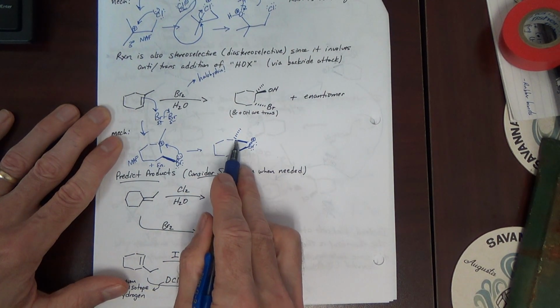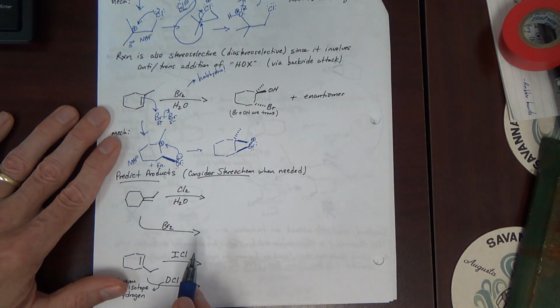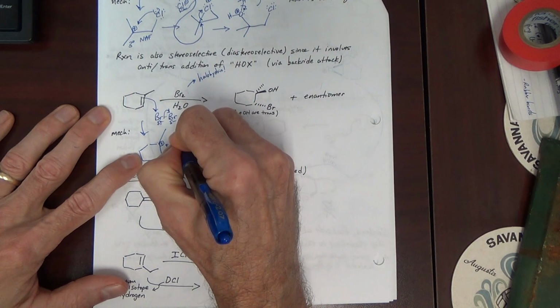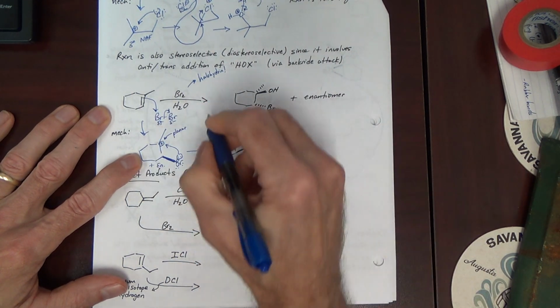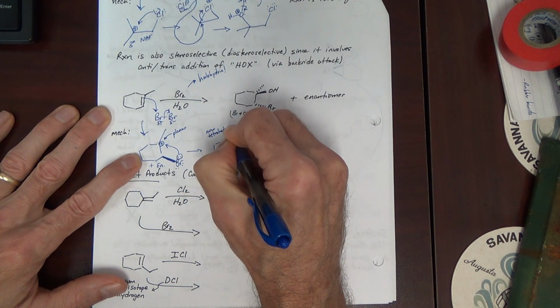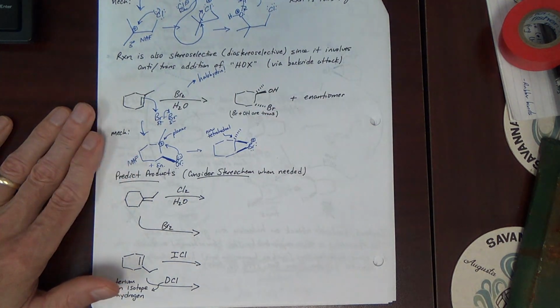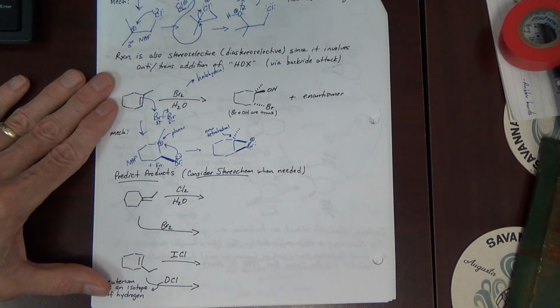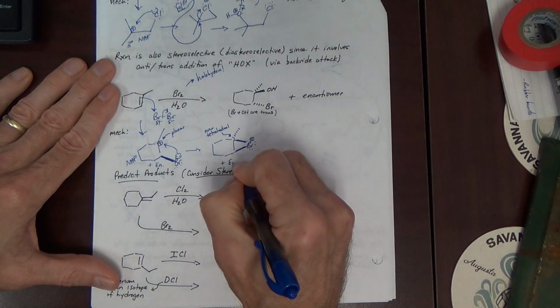Two in the plane, one forward, the other has to be back. Right here it's planar, but now it's tetrahedral. All right, plus enantiomer.